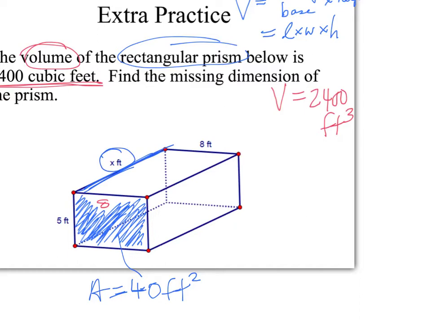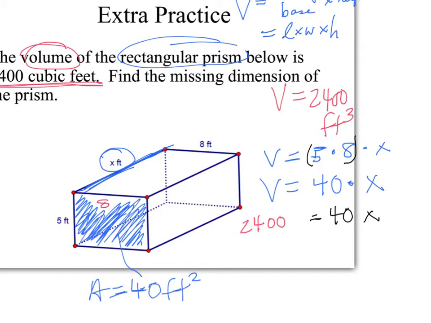So volume is 40 times x. And again, if you must know, I really just did that by doing 5 times 8. Do I know what the volume is? Yes, they told me.